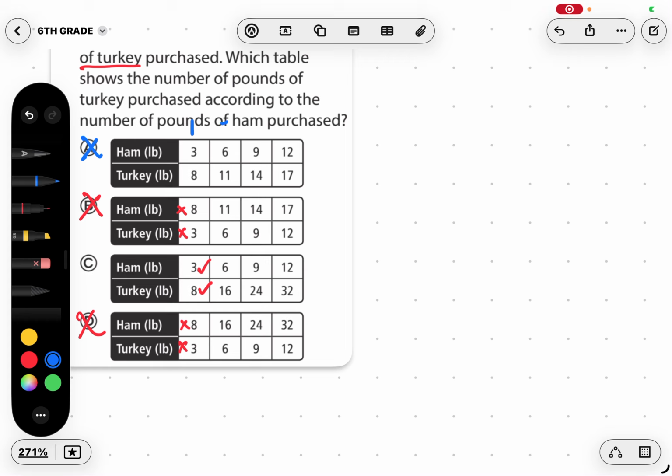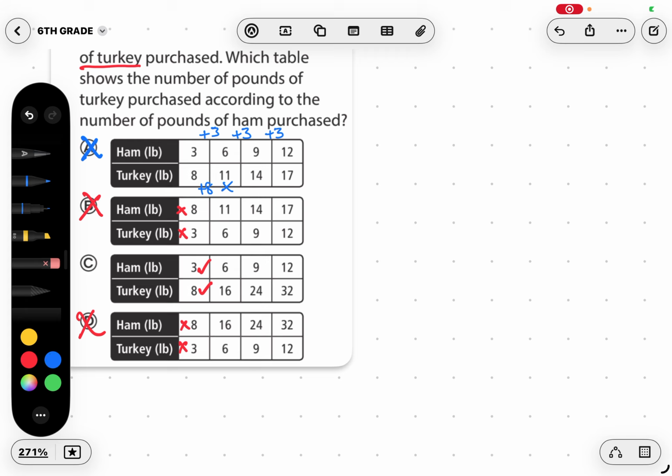So if two customers bought it, you would be adding 3 each time for the ham. This should be plus 3. And on the bottom, it should be plus 8 because you're adding 8 pounds. However, 3 plus 3 does equal 6, and 6 plus 3 does equal 9, and 9 plus 3 does equal 12. But 8 plus 8 doesn't equal 11. So that's another way to know that that's incorrect, okay?